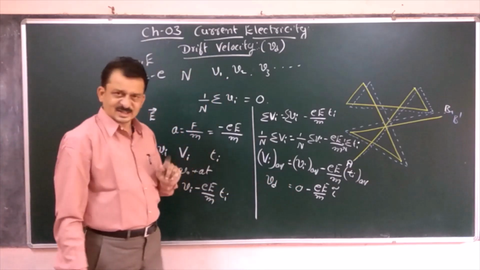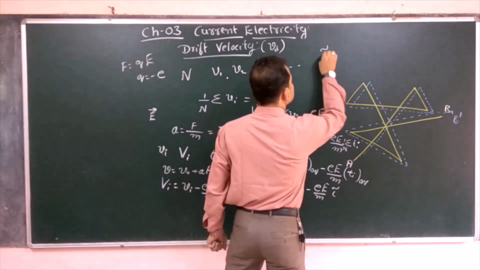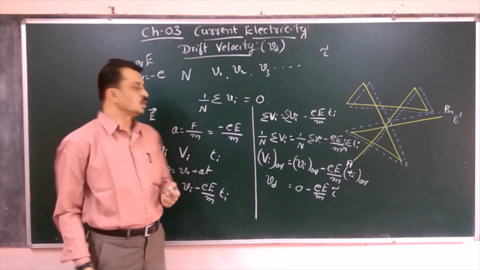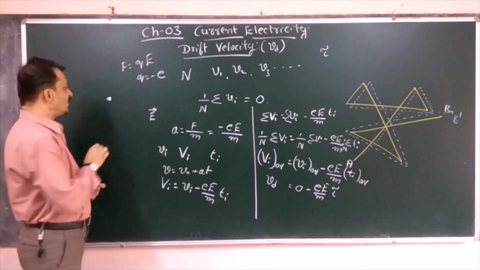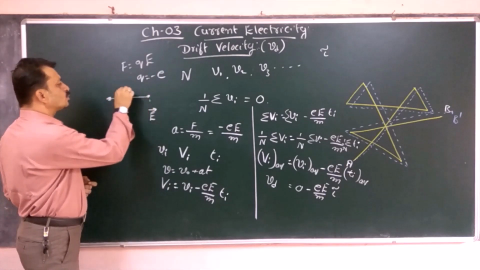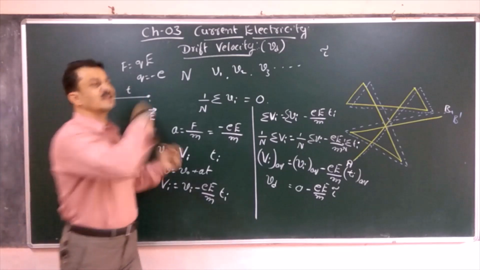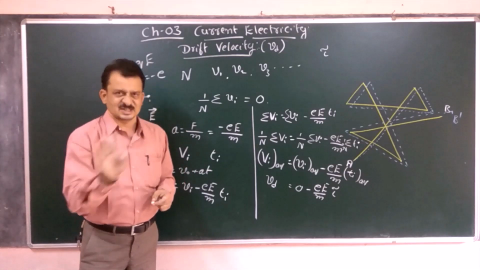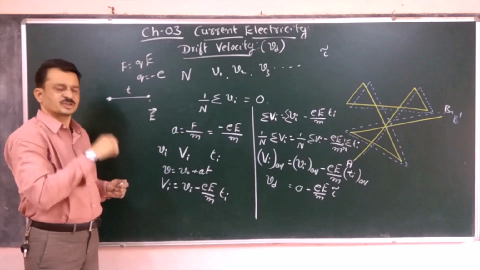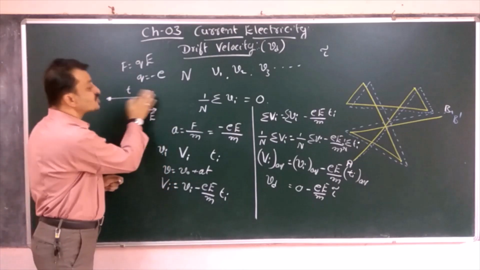Now let me define two quantities here. One is tau, the average time interval between two successive collisions. An electron has a collision at one position, and by the time it comes to another position, another collision happens. The time it takes from one collision to the next is not constant. Sometimes it is less, sometimes more, so time is not at all constant. For that purpose we are taking the average time.